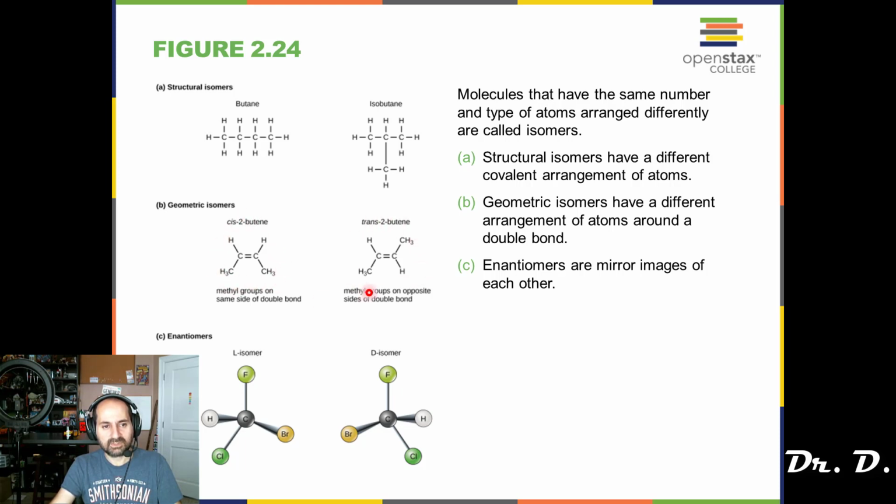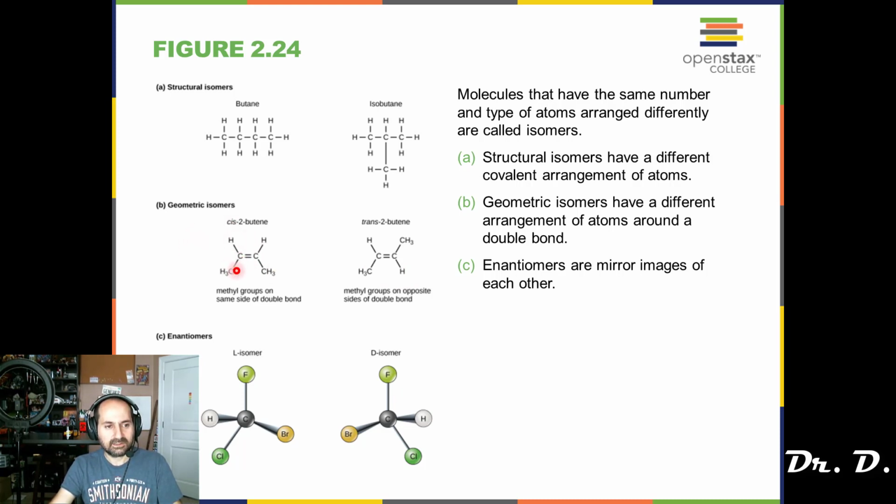So they have the same components. They all have 2 carbons, 2 hydrogens, and 2 methyl groups. Methyl group means CH3. That's a CH3. That's a CH3. This one also has 2 CH3s. It has 2 carbons and 2 hydrogens. So they have the same building blocks, right? The same molecular formula, but different structure.